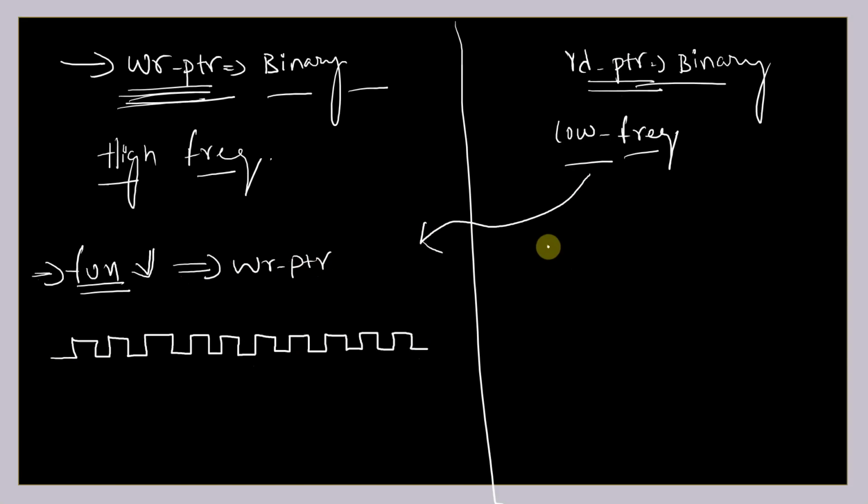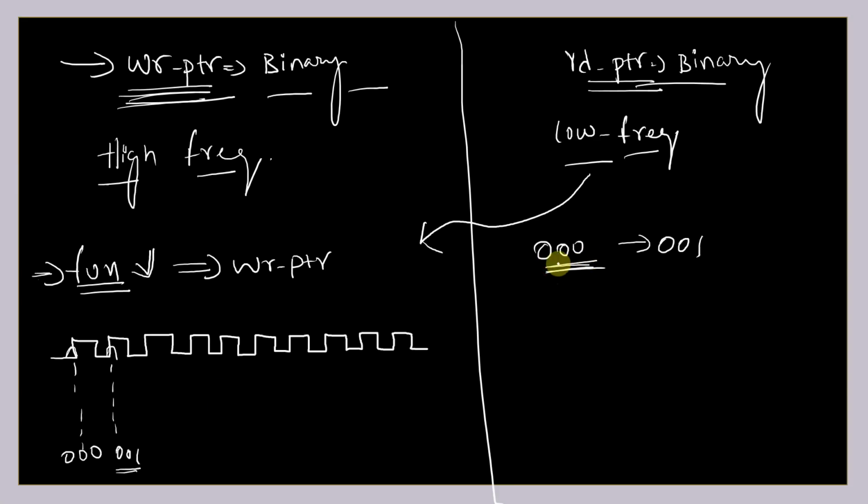Let's say read pointer was initially 000, which was sampled at this first edge of clock without setup time and hold time violations. Okay, let's assume there are no setup time and hold time violations and it was sampled at the first edge of clock. Now, let's say the next data is 001, which is also sampled without any setup time and hold time violations.